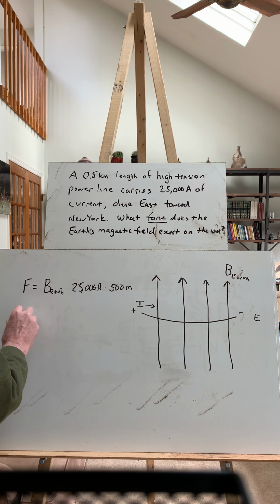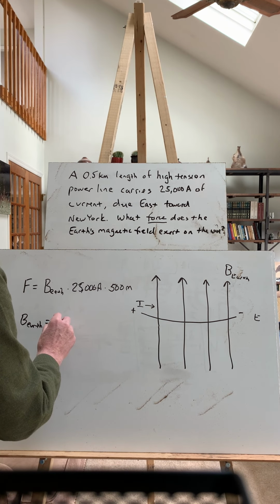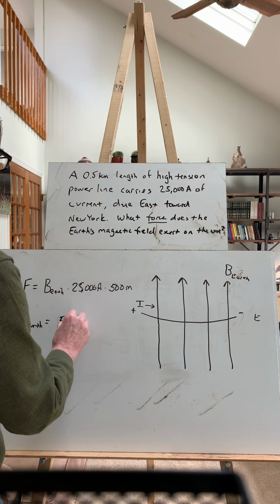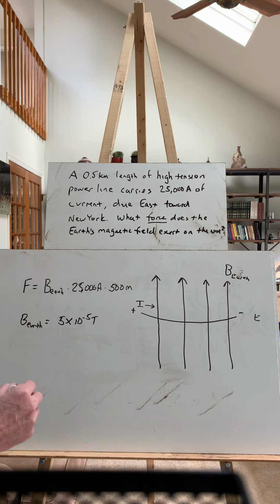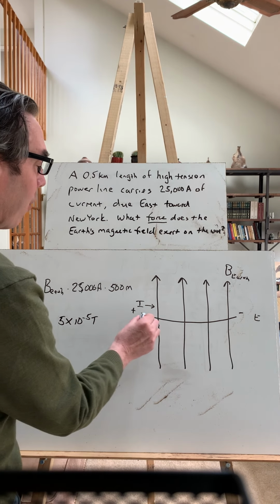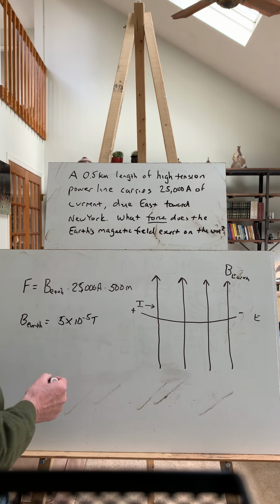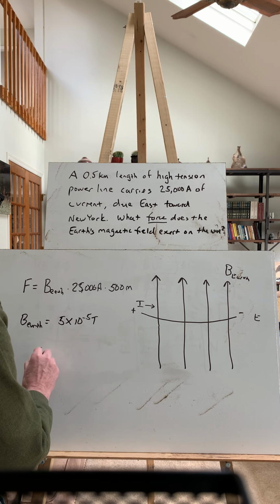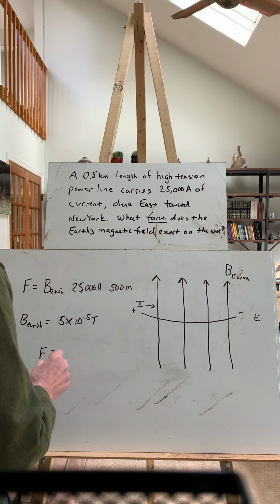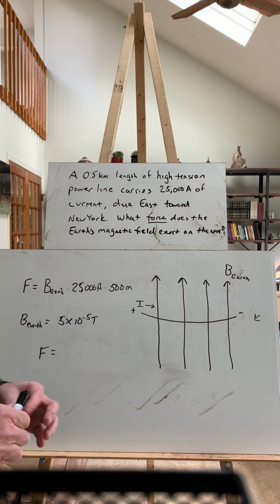Now we know that B of the Earth is approximately 5 times 10 to the minus 5th Tesla. And we can see that the angle between the current carrying wire and the field is 90 degrees, so we'll have a sine of theta, or sine of 90 equals 1. So the force is going to equal 5 times 10 to the minus 5th times that. And let's do that real quick.